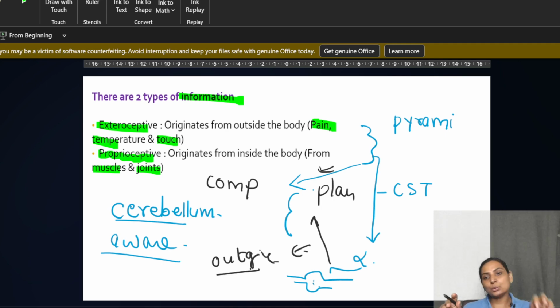So what is the outgoing plan, what was the blueprint given, and what activity the body is performing, and if there is any disparity, then it is going to bring about the smoothening and the correction of the ongoing movement. So this is the importance of providing the information from the periphery to the cerebellum, so that there is smoothening of movements, there is coordination, the movements are performed in the way they were planned, apart from your equilibrium.